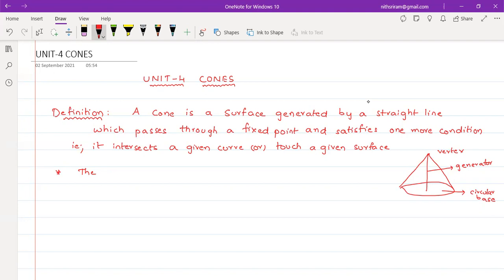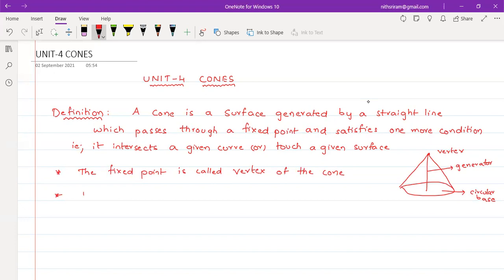Here the fixed point is called the vertex. The fixed point is called the vertex of the cone. It means the fixed point is nothing but this one. So this is the vertex.